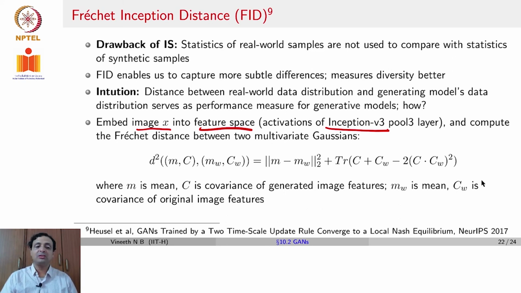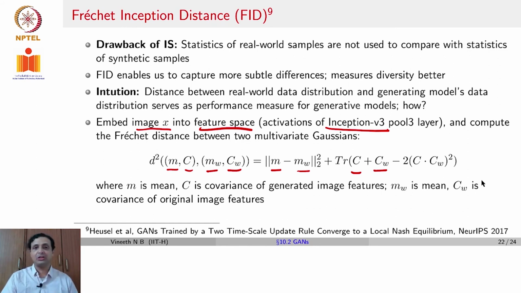Now you compute the Frechet distance between two multivariate Gaussians. Once you get those two sets of features, you compute the Frechet distance, which is given by: given a distribution with a Gaussian of mean M and covariance C, and another distribution with mean MW and covariance CW, the Frechet distance is defined by the first mean minus the second mean, 2 norm whole square, plus trace of the first covariance plus the second covariance minus 2 into the two covariances squared.